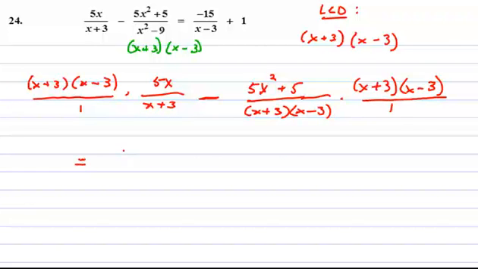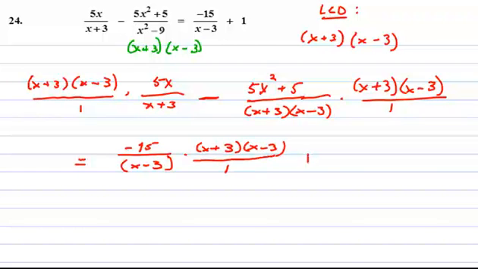I'm going to have to use two lines here because I don't have enough space. Well, I'll leave that. Again, I'm going to put it over 1 because we're multiplying by a fraction. Now with this last term, I'm not going to put it over 1.